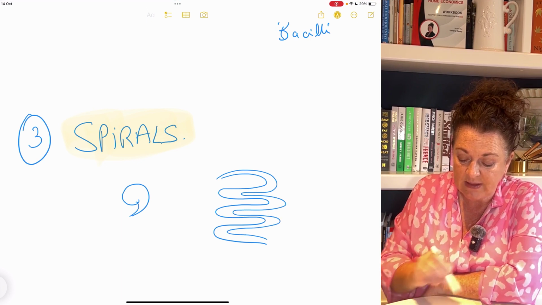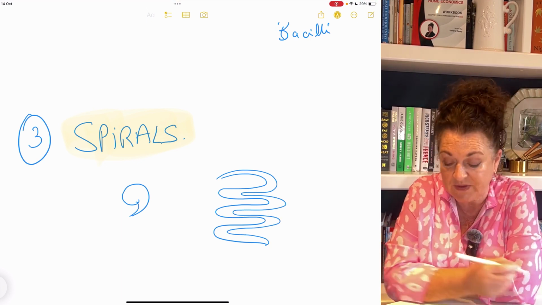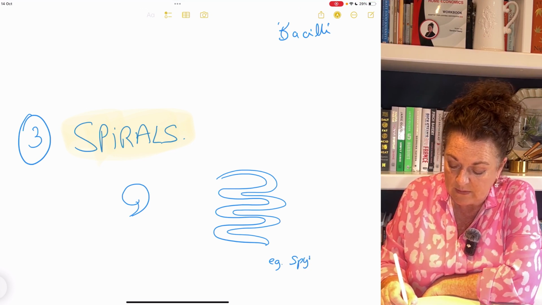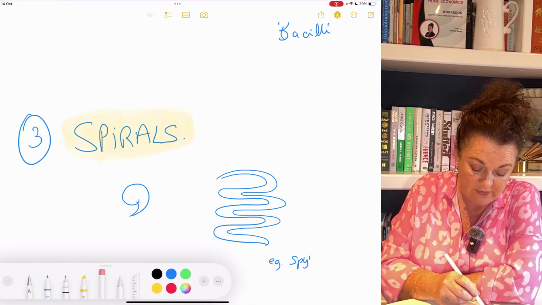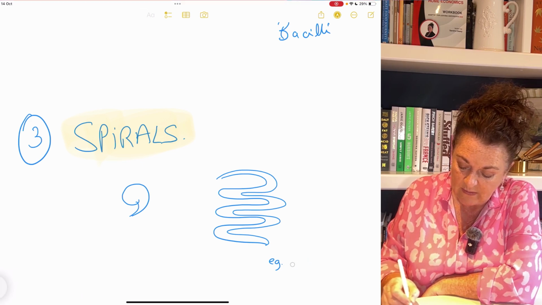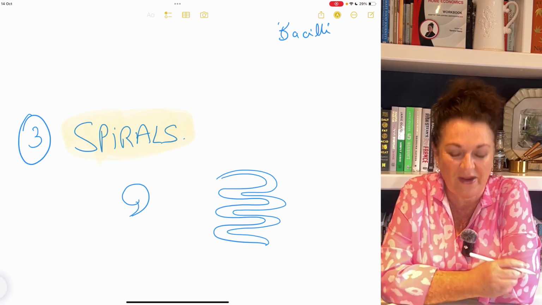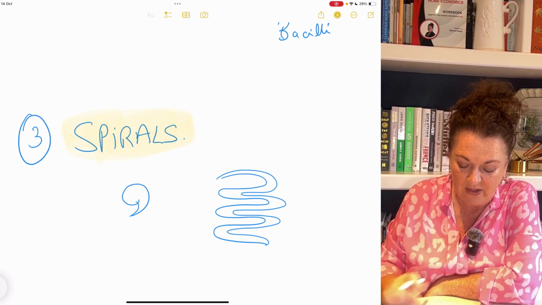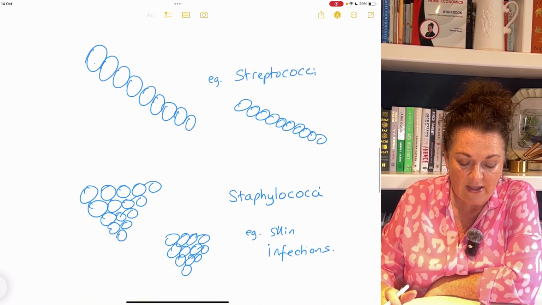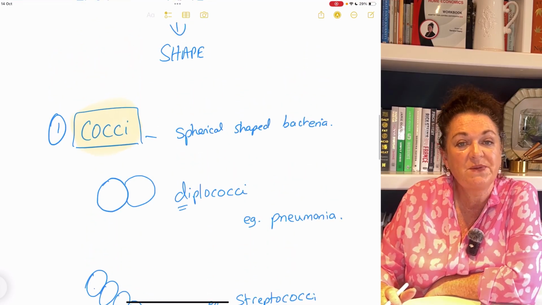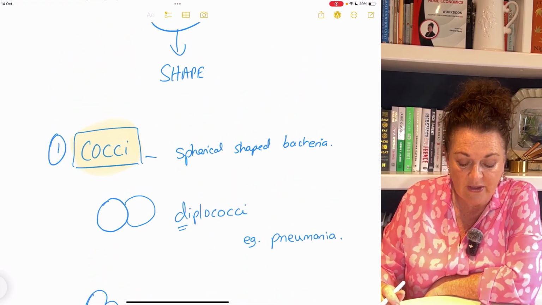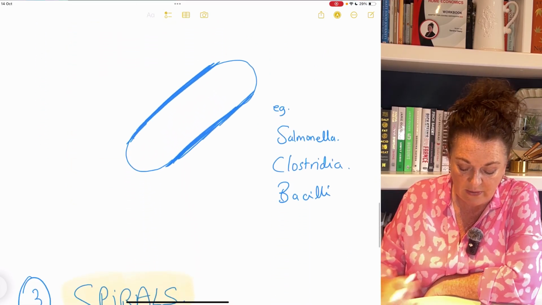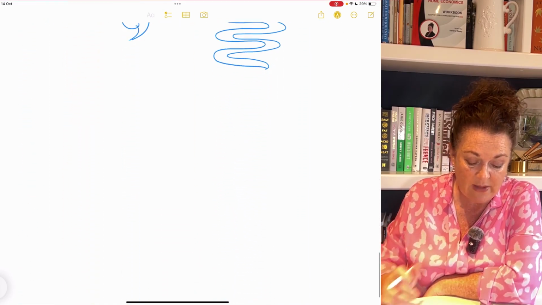Now, syphilis, a sexually transmitted disease, would have that particular shape. So 3 different shapes: cocci, spherical shaped bacteria, then rod shaped bacteria, and then spirals. And I would know an example for each.